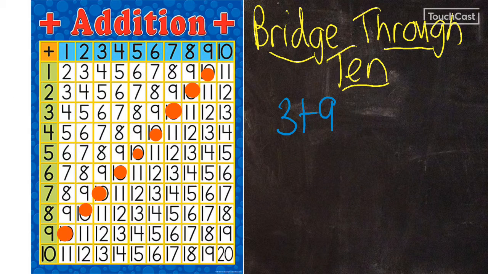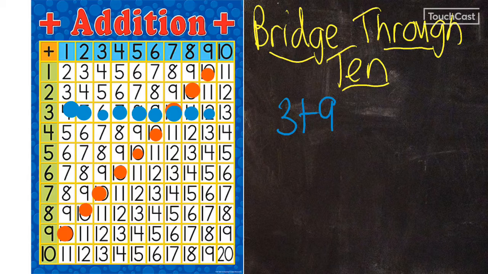If you know your tens facts really well, you could take a problem like 3 plus 9 and you don't even have to turn it around to 9 plus 3. You could just know that you have 3 plus 9, which means you start from 3 and you have to add 7 to get up to our bridge of 10. So 3 plus 7 and then plus 2 more, because we know 7 and 2 make 9.